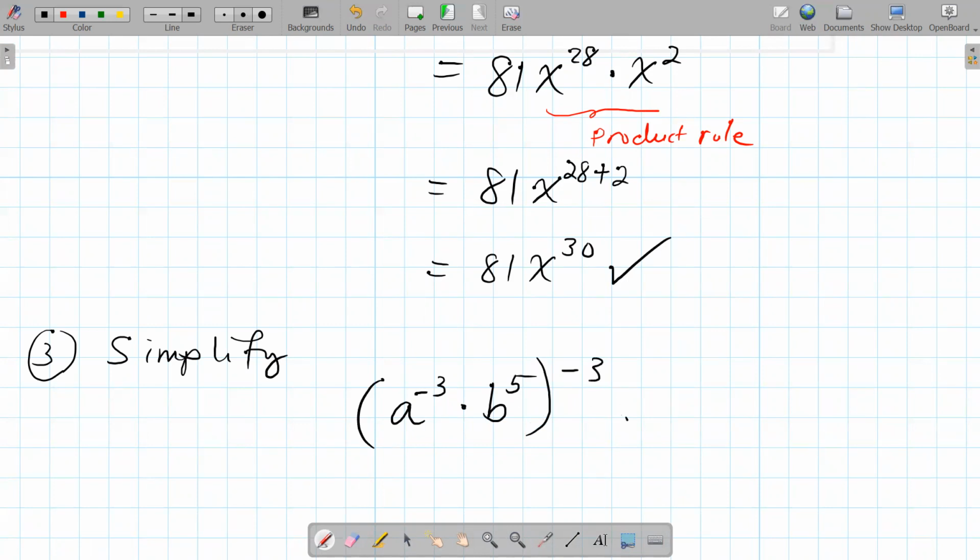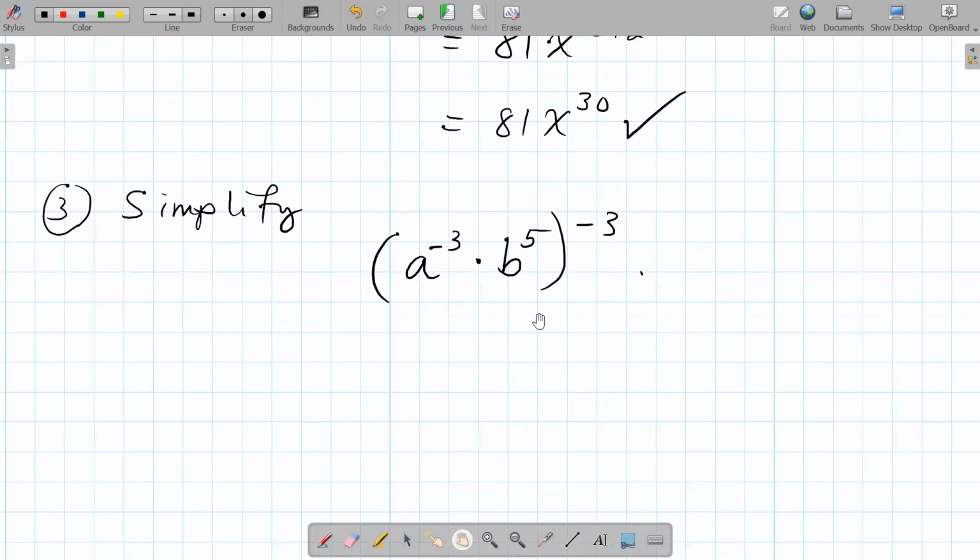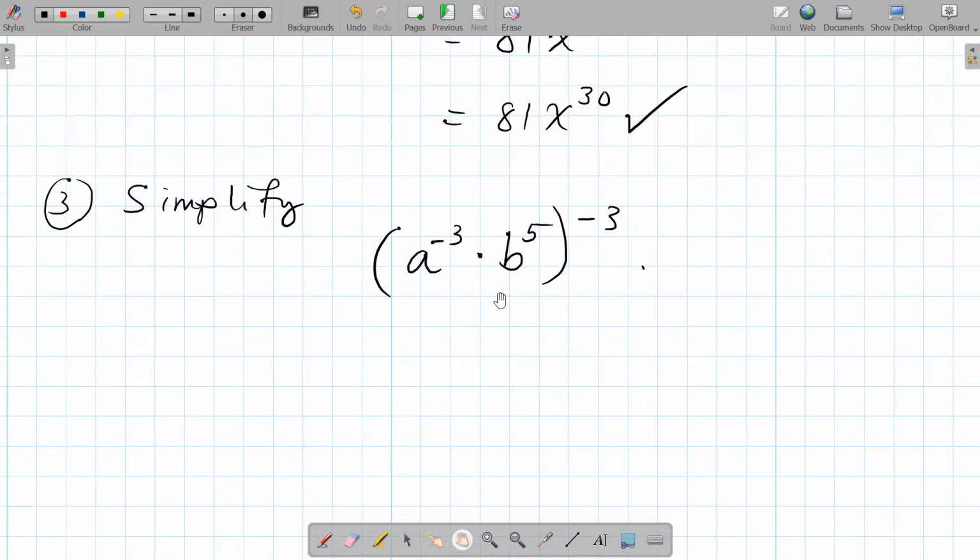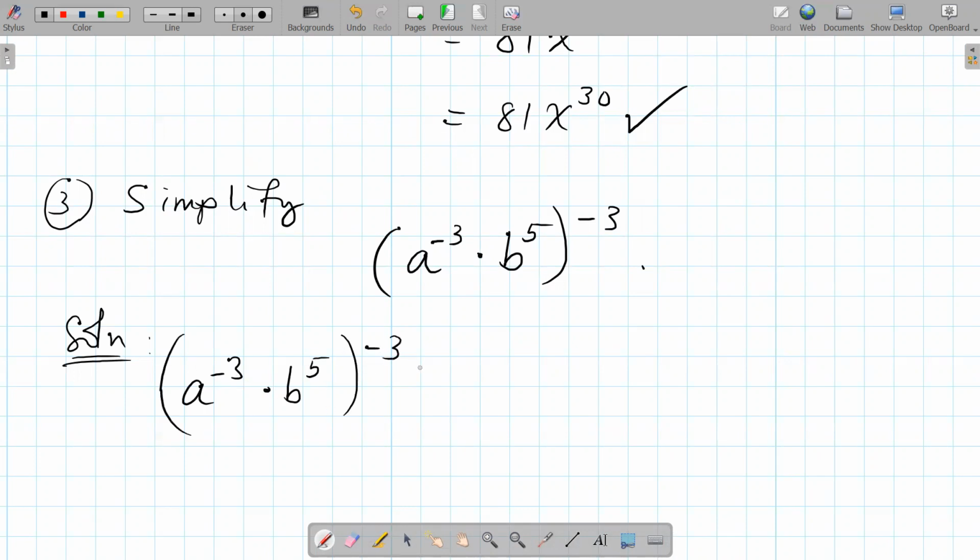To simplify this, that should be very easy.